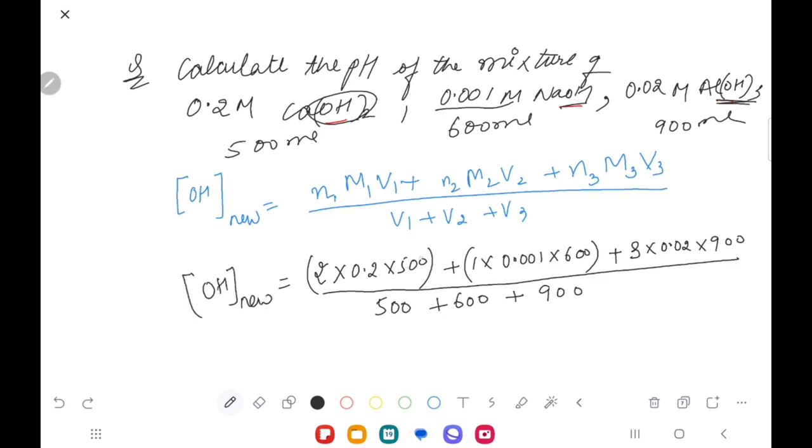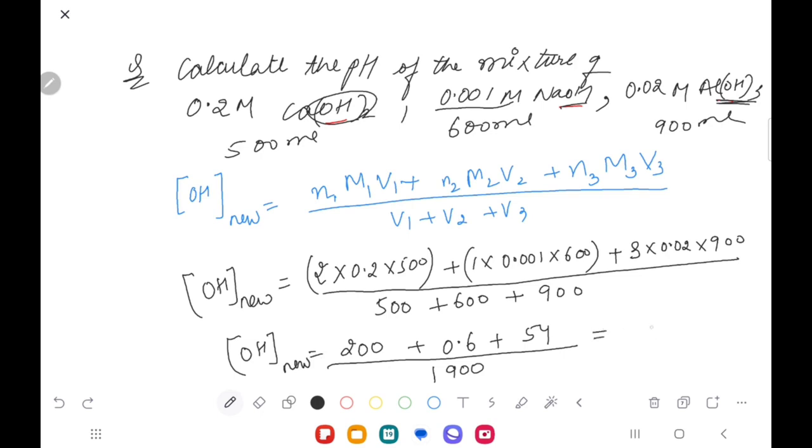And just solve this. So I'm going to get 20, 20 into 5, 100, 100, 200. Plus I'm going to get 0.6 and I'm going to get 54, over 1900. So this is going to be my new OH ion concentration and that would be 254.6 over 1900.